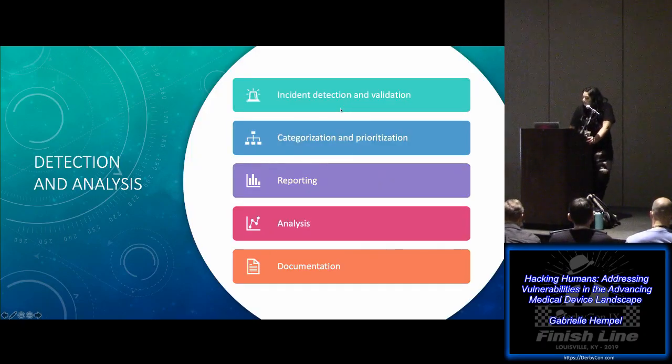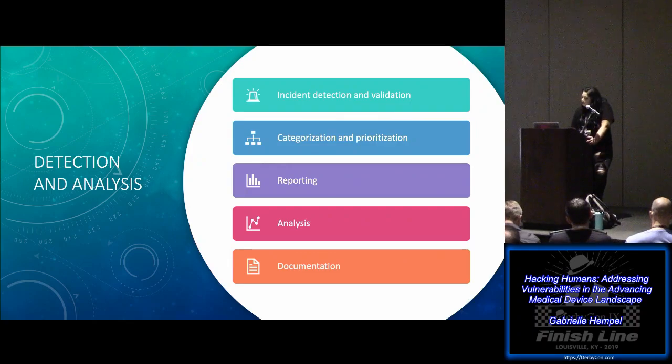The next phase of the MITRE playbook is detection and analysis. The first part of incident detection and analysis is identifying or establishing that an incident has occurred. Is it an actual incident? Next, we must categorize and prioritize the incident. This is where those charts and scales come in, so we know how severe an incident is and whether it impacts patient safety or not.